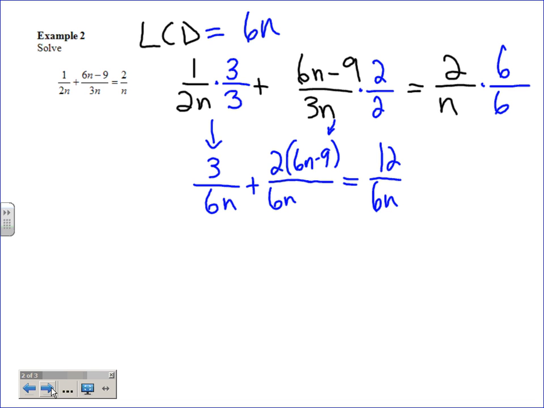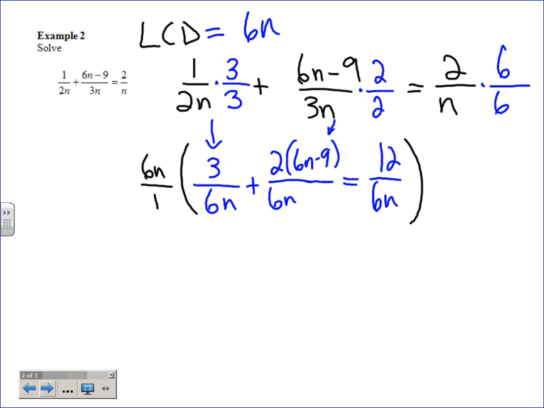Here's how I look at it. Once you have that common denominator, let's be honest, none of us are really big fans of fractions. So if we could get rid of them, that'd be awesome. And that's exactly what we're going to do. In this problem, there's something I could multiply by right now that would get rid of every single fraction in that problem. You agree if I multiply everything by 6n, everything's gone, right?